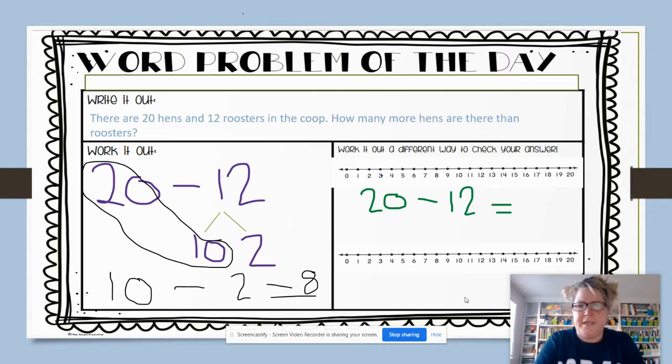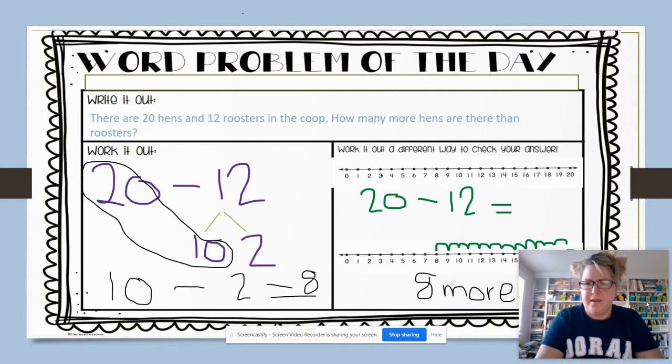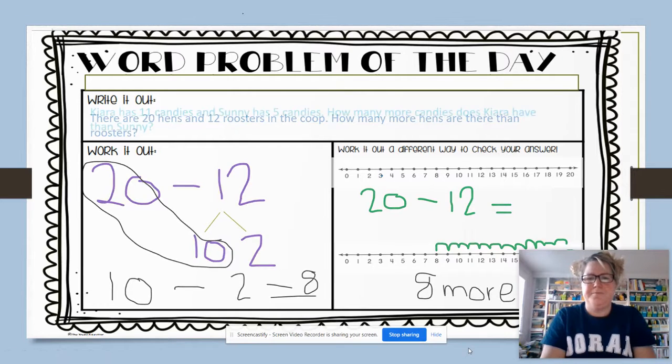I'm going to circle my 20 because that's my starting point, and then I'm going to jump back 12 spots, and that lands me at 8. So I still have the same answer, and then I have 8 more. So I have 8 more hens than I have roosters. I'm going to switch my picture back up just so I'm not in the way for other videos.